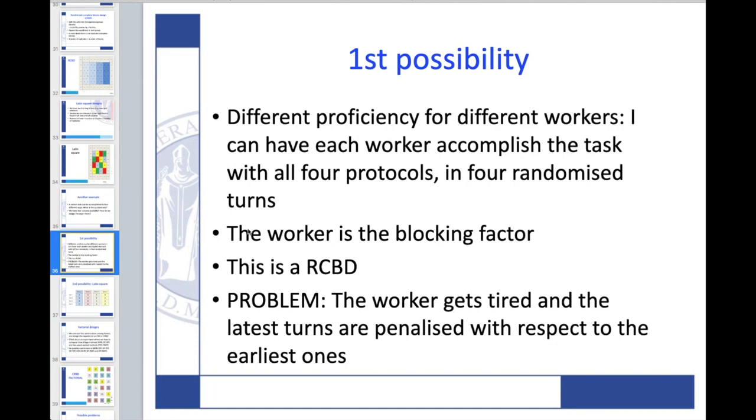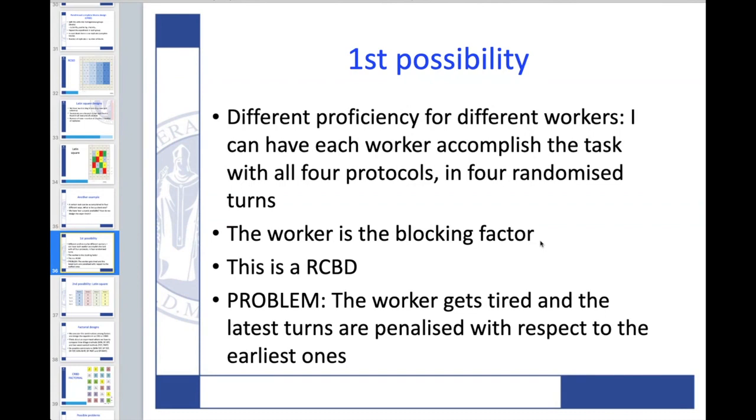So in this case, the worker is the blocking factor, because within each worker we have the 4 treatments in randomized order. This is one possibility, but we have one problem. The worker gets tired and the latest turns are penalized with respect to the earliest one.